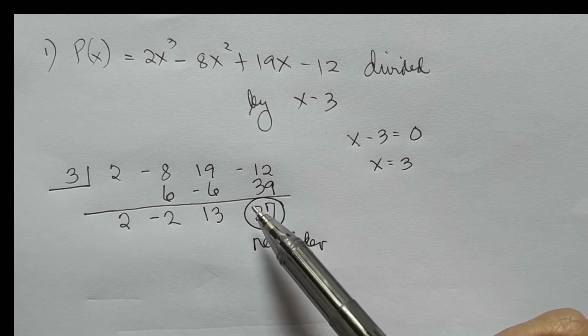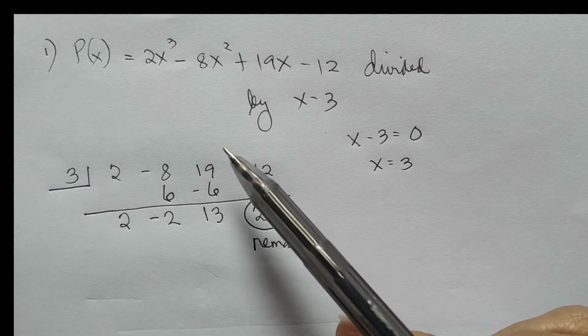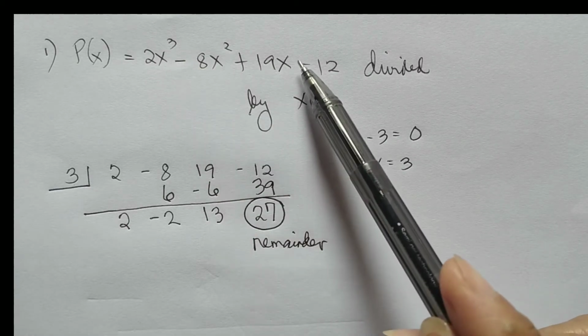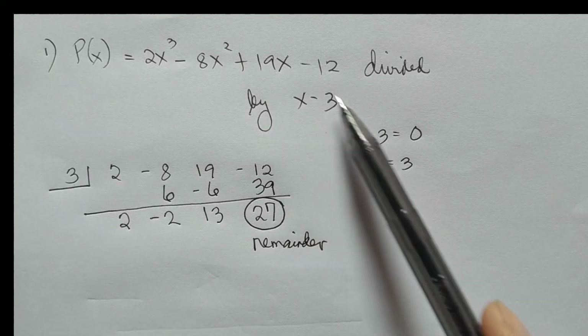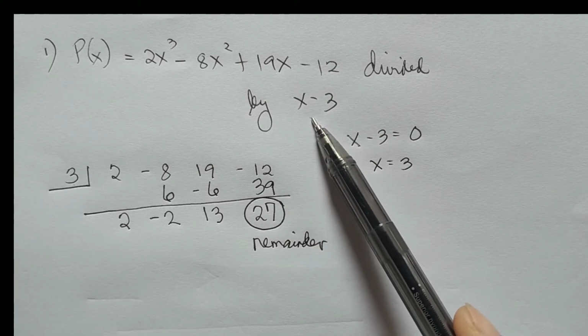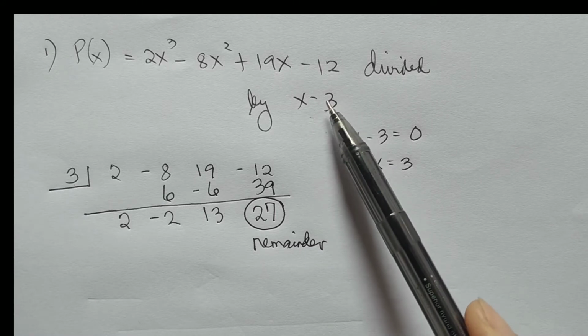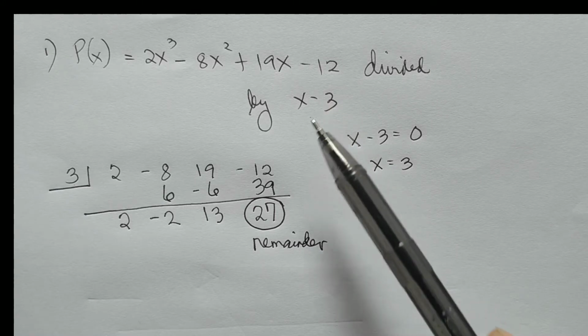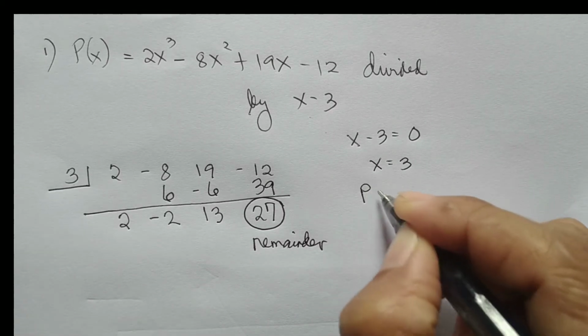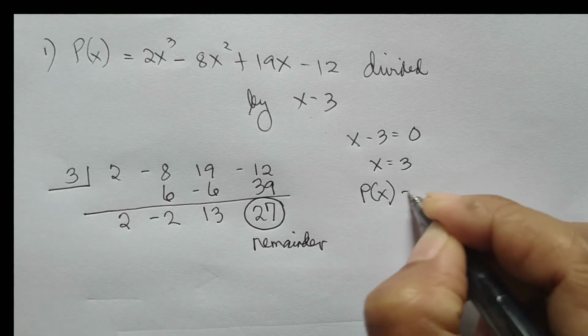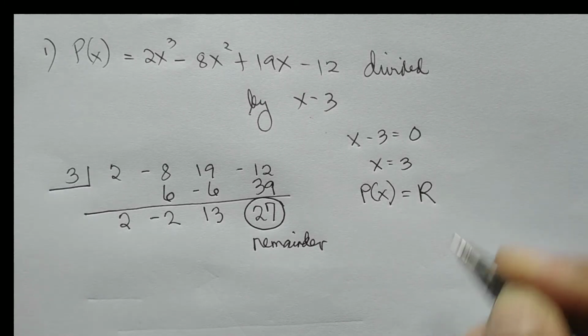It states that if our polynomial is divided by x minus 3, where our x is equal to 3, then p of x is equal to our remainder.